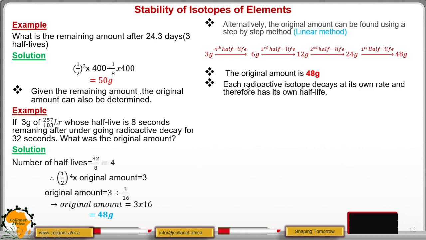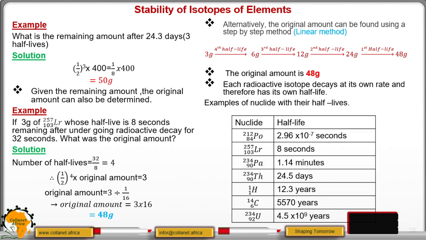Then from there, each radioactive isotope decays at its own rate, and therefore it has its own half-life. You can't say that because this one is close to that one, it has the same half-life. No, each radioactive isotope has its own half-life. We have examples here. We have the nuclide, as you can see here, and the half-life on this other side.